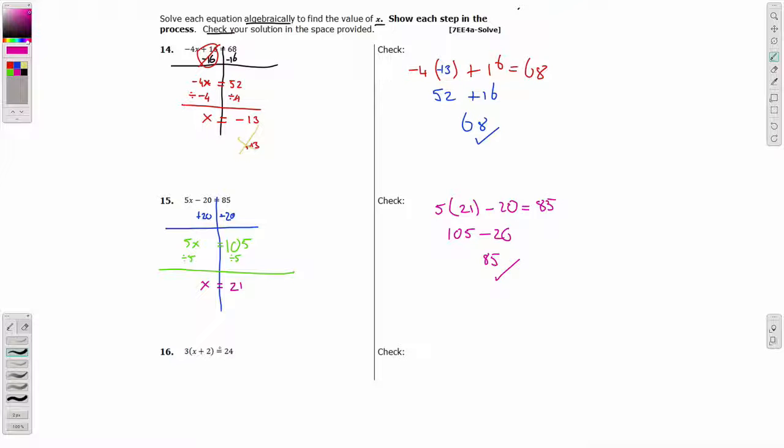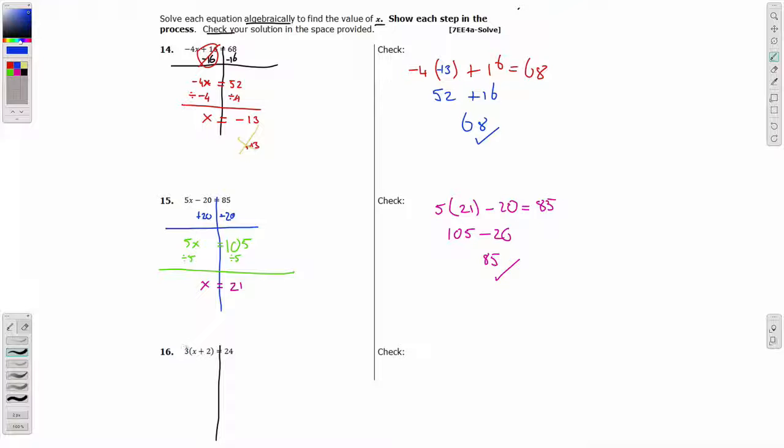Last one. Step 0. Make the balance line. Step 2. Now, on this one, I need to do a step before I start solving.